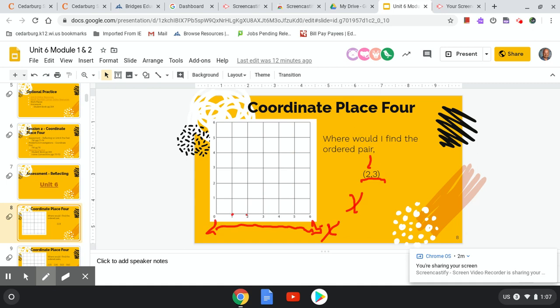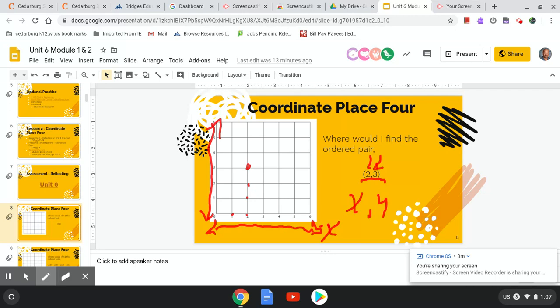The second number is going to tell us our y-axis, or the number that goes on our vertical graph, our vertical line. So this is telling us we have to go up 3 spots. 1, 2, 3.